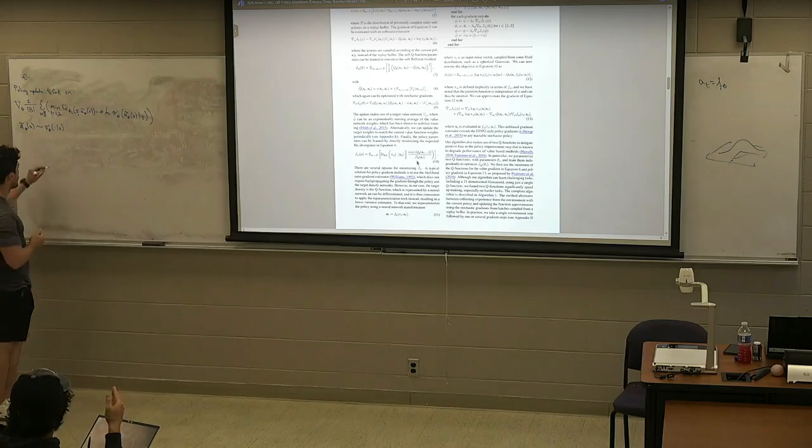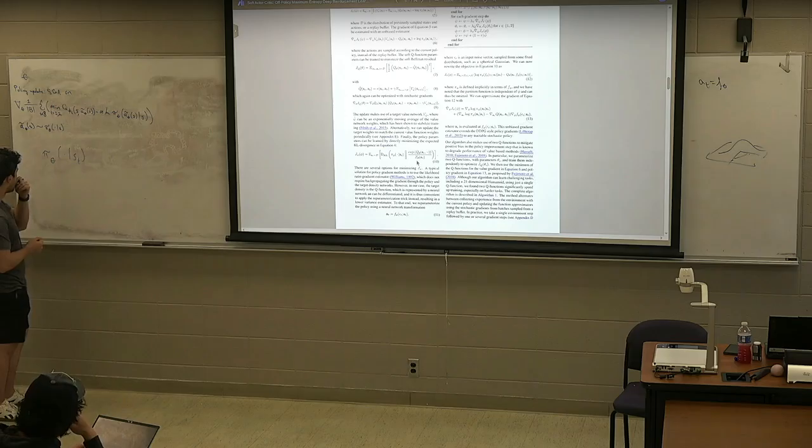So let's see, what should this be actually? This is going to output means and covariances. Yes, yeah. So you get a probability distribution over a continuous action space.